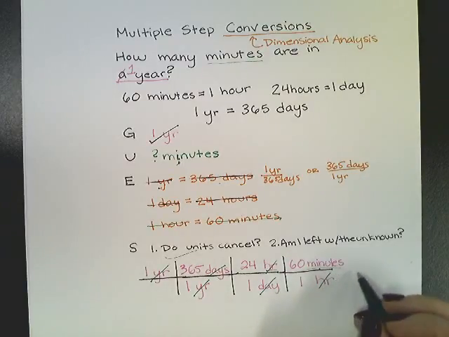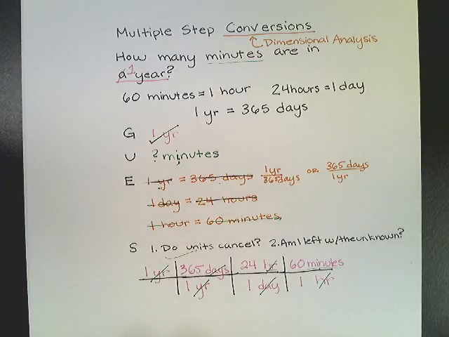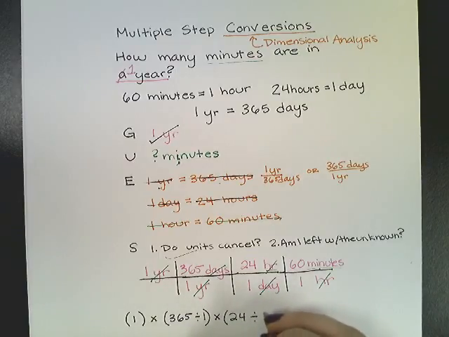Because I have this set up correctly, I can plug this into my calculator and solve. So now we can answer Red's question, how many minutes are in a year, by putting in 1 times 365 divided by 1 times 24 divided by 1 times 60 divided by 1.